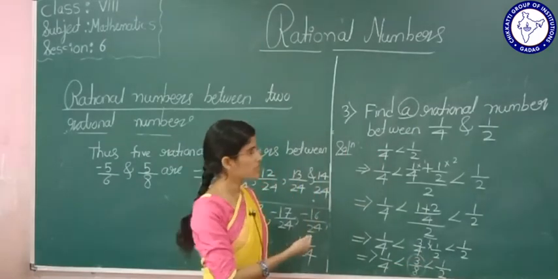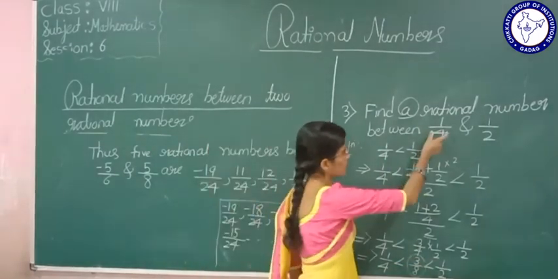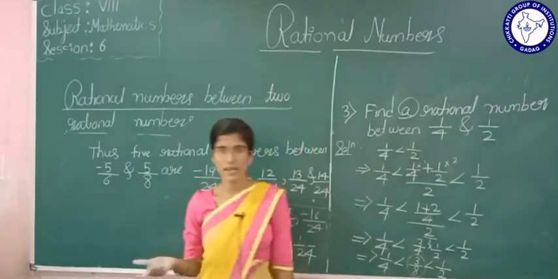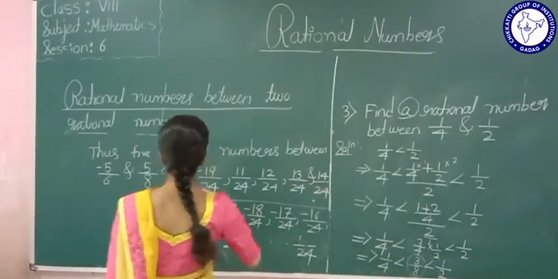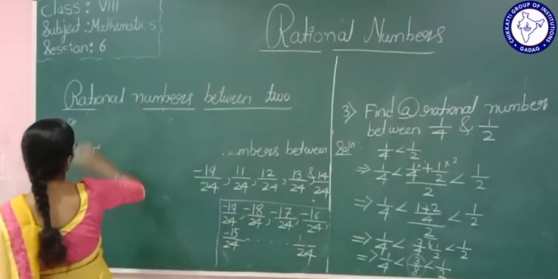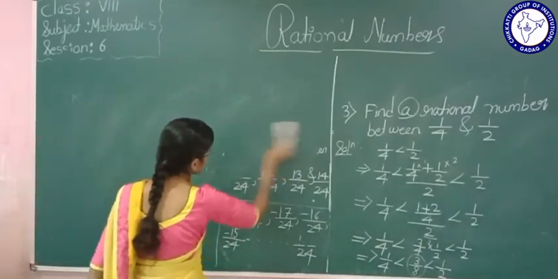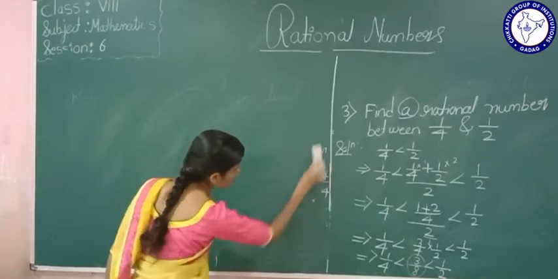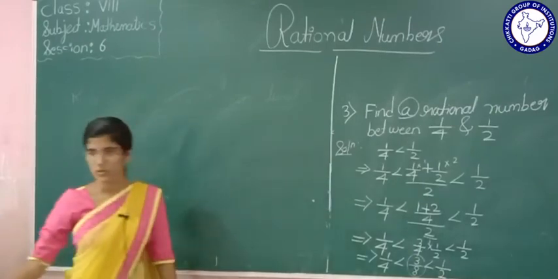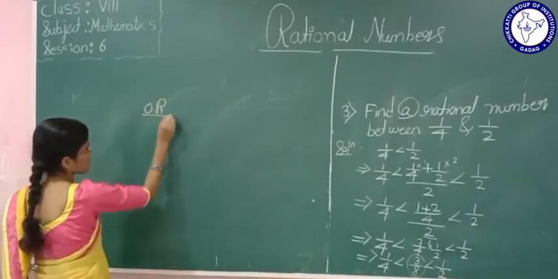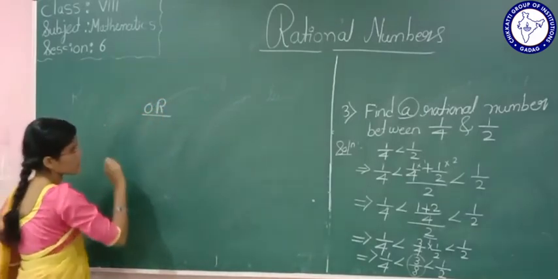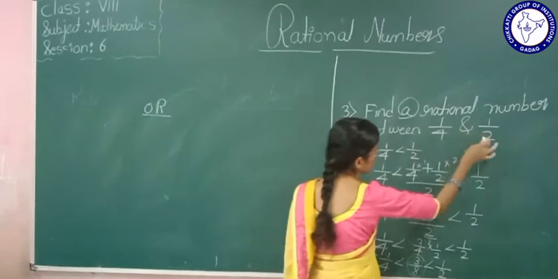You can go by this method, otherwise you can take the LCM. Or one more method that we have done, I will show you that. See here, the denominators are not the same, right?